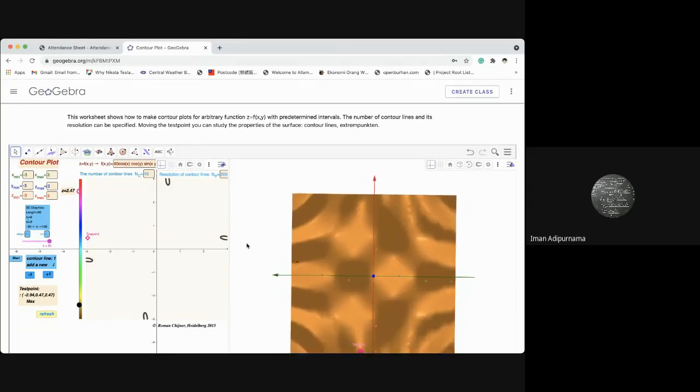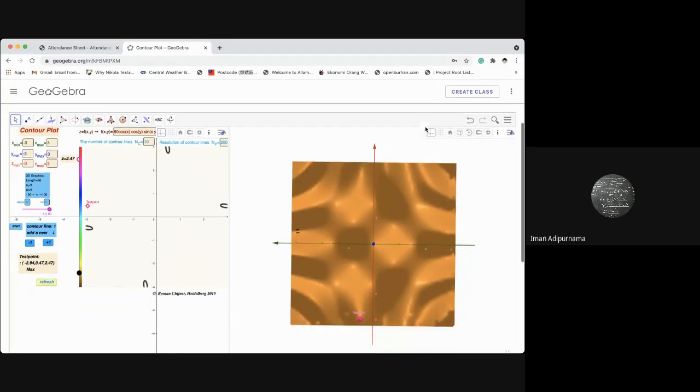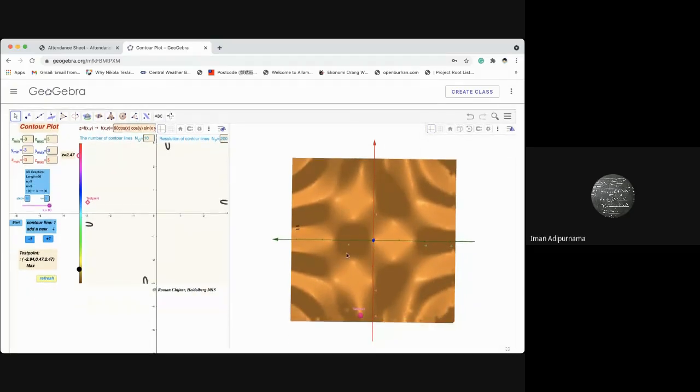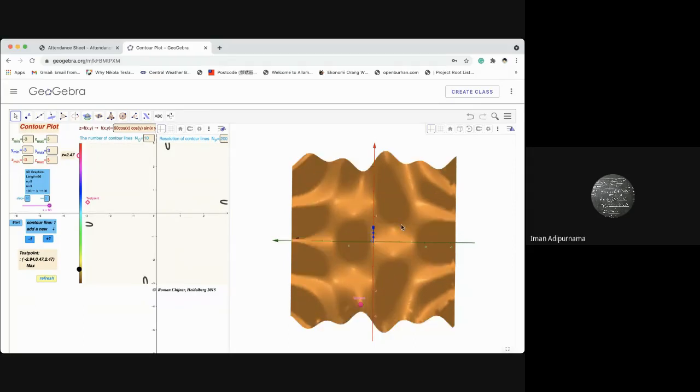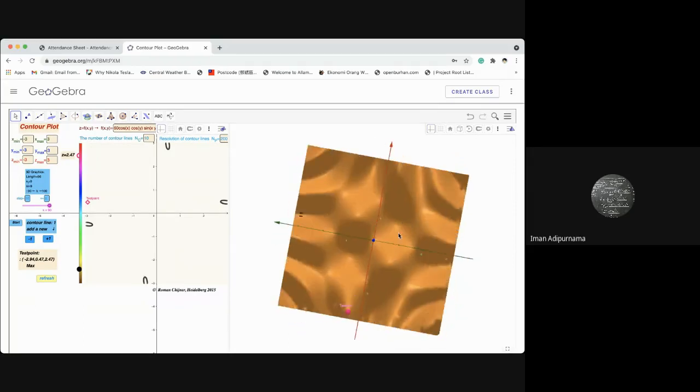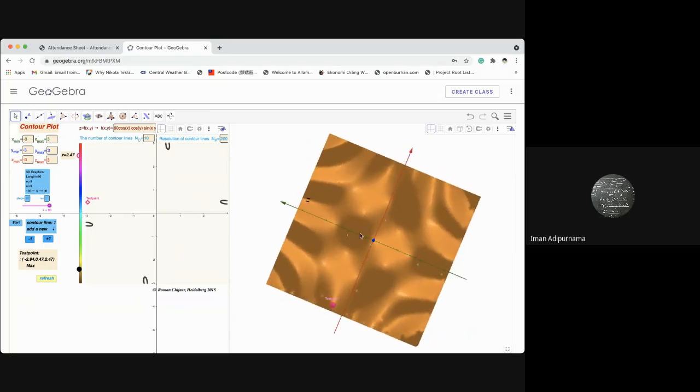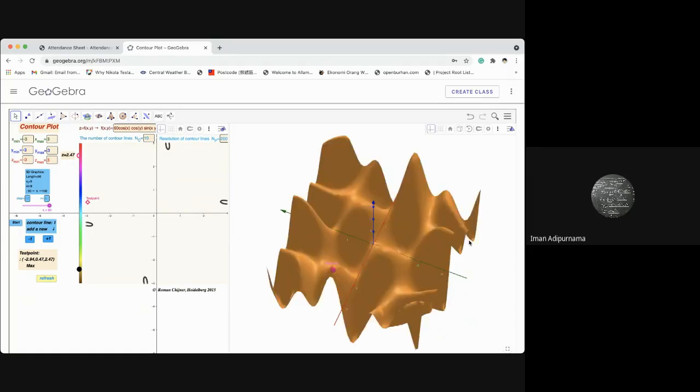You will see some parts are darker, some parts are lighter, right? The dark one is the one that goes down, right?